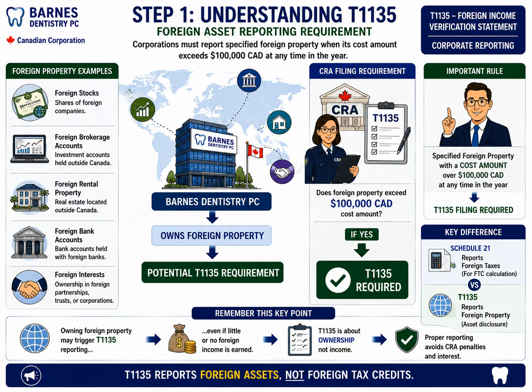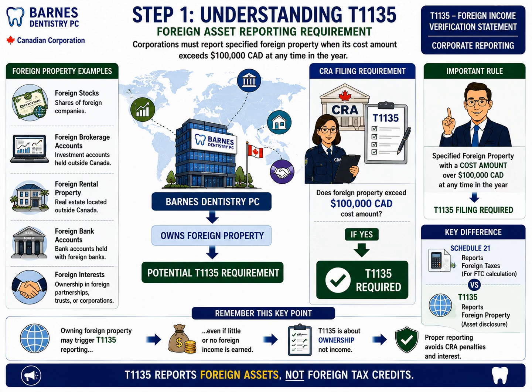Now let's move to the right side of the slide. This is where the CRA filing requirement comes into play. The CRA asks a simple question. Does the corporation own specified foreign property with a total cost amount exceeding $100,000 Canadian? Notice that the threshold is based on cost amount, not market value, and the threshold applies at any time during the year.